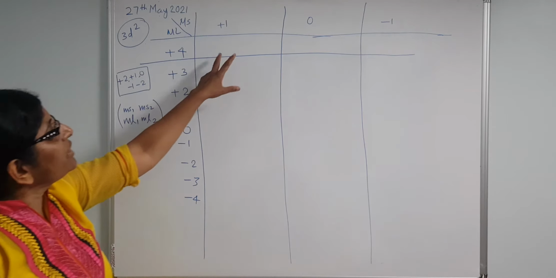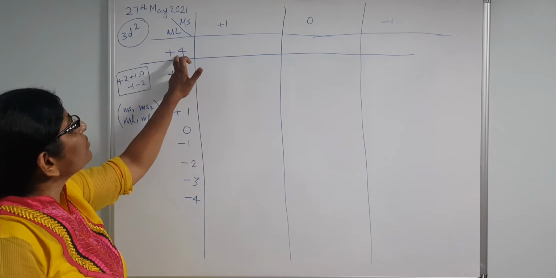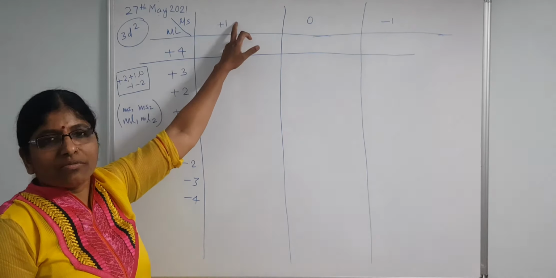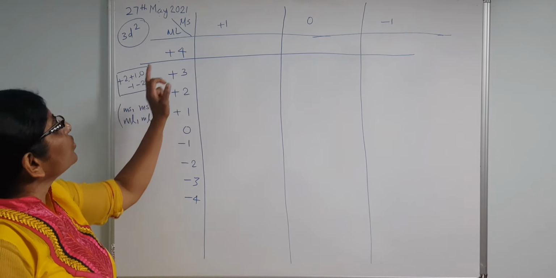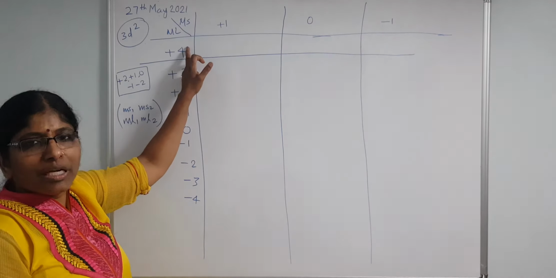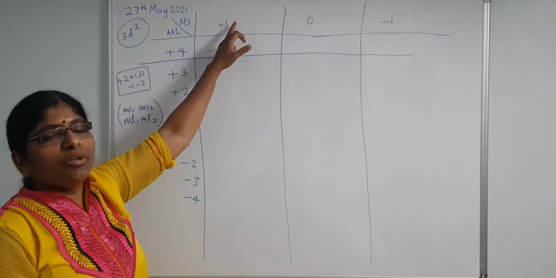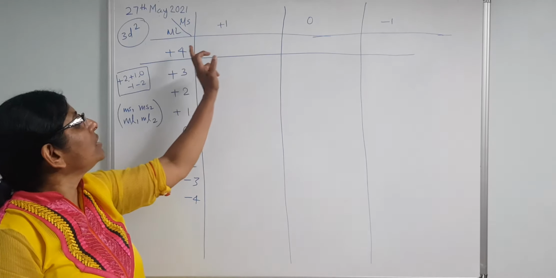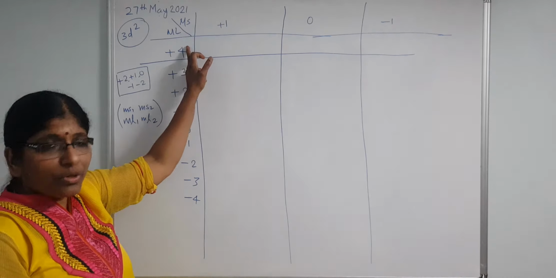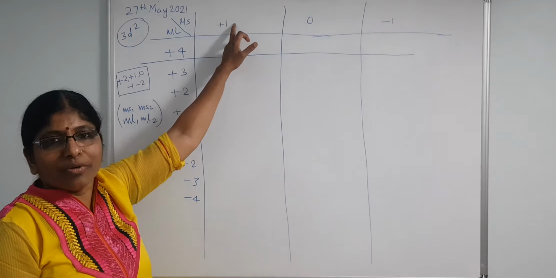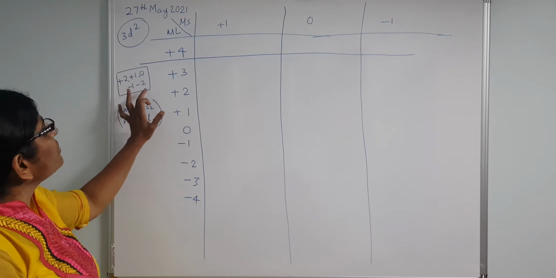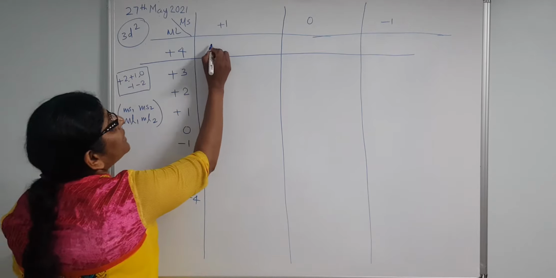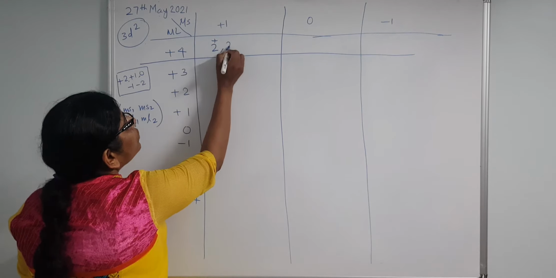If we look at the block where Ml is plus 4 and Ms is plus 1, can we write some combination so that the sum of Ml values comes to plus 4 and the sum of Ms values comes to plus 1? For example, we'll write 2 plus, 2 plus.